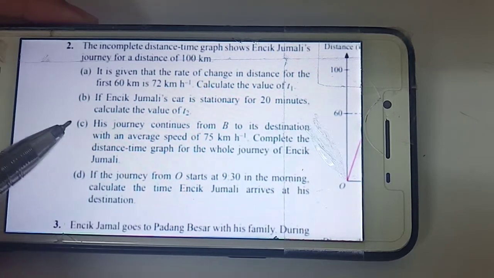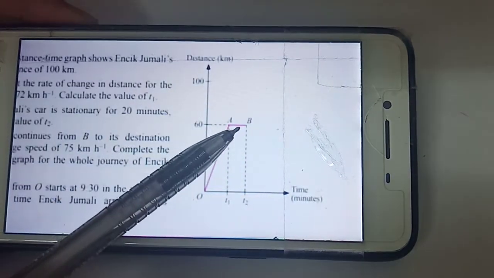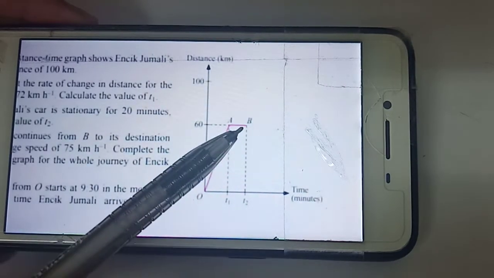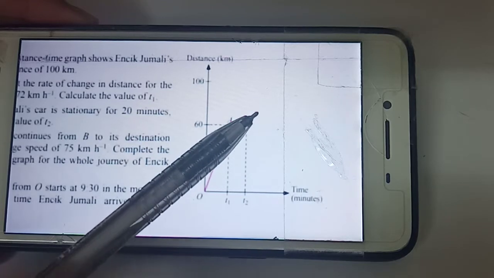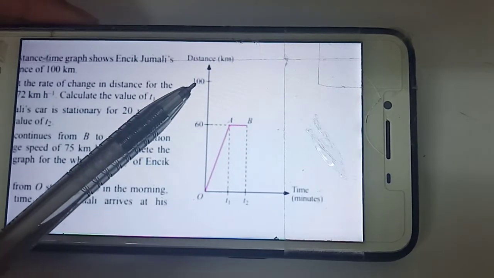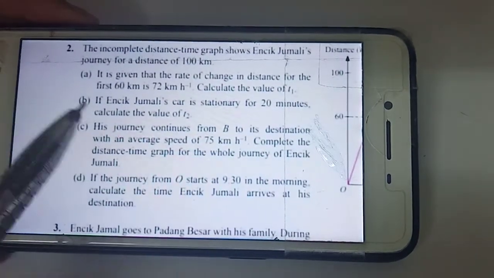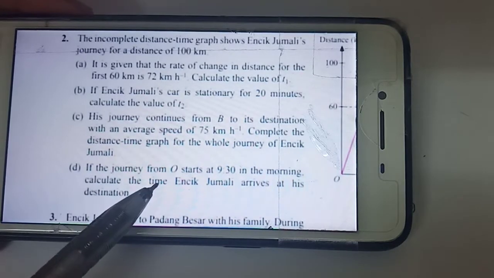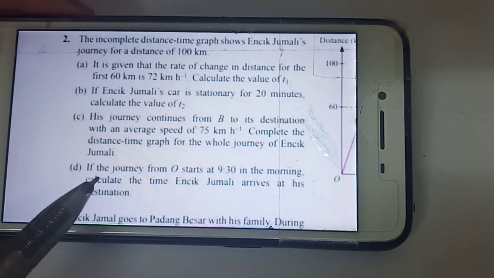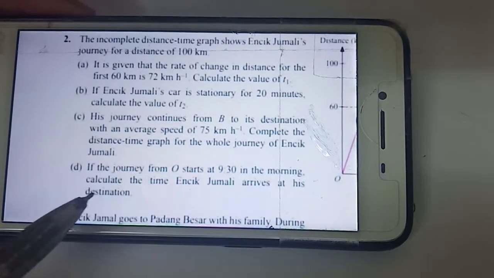So for question C, all you need to do is complete the graph from B to the destination. For the C part, we need to use a ruler. Make sure it is exactly at 100. And then the last question: if the journey from O starts at 9:30 in the morning, calculate the time Encik Jumali arrived at his destination.